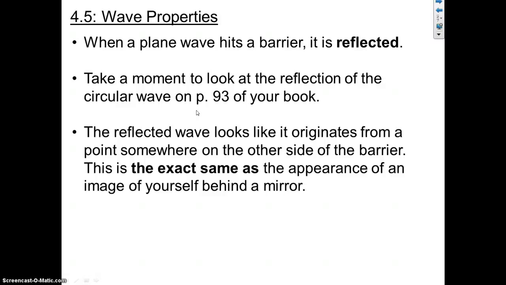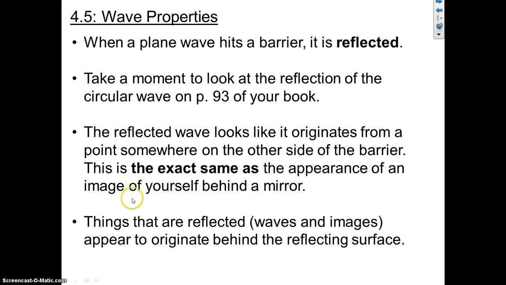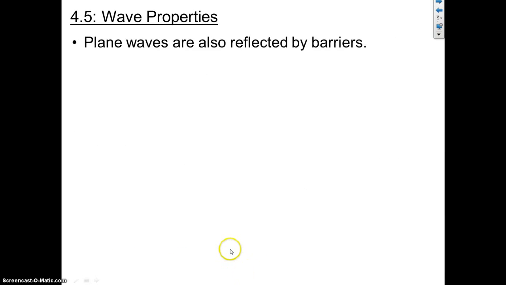When you look in a mirror, it seems as though you are standing somewhere behind the mirror, looking at a version of yourself positioned behind it. The same is true for reflections of waves. They appear to originate from behind the other side of the barrier. This is generally true: things that are reflected, like waves and images, appear to originate behind the reflecting surface.